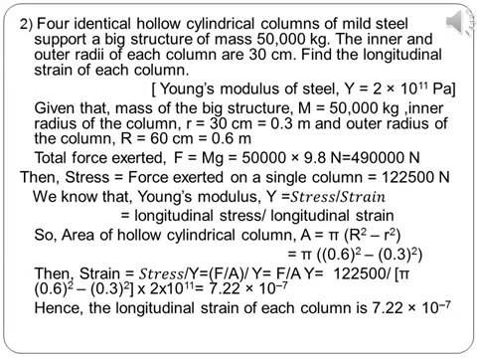Then strain is equal to 1,22,500 divided by pi into 0.6 square minus 0.3 square, into 2 into 10 to the power of 11, equal to 7.22 into 10 to the power of minus 7. Hence, the longitudinal strain of each column is equal to 7.22 into 10 to the power of minus 7.